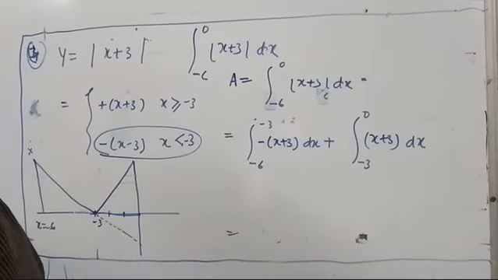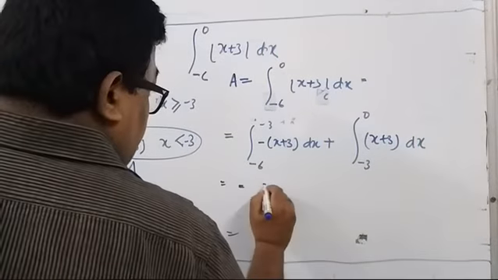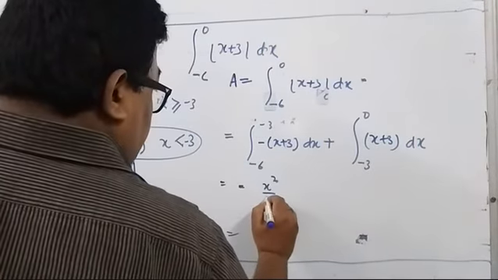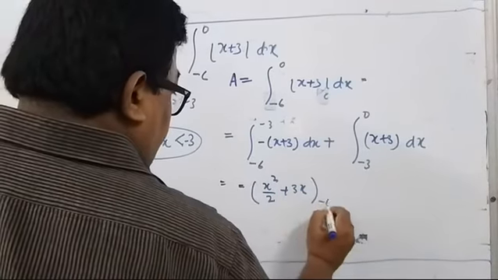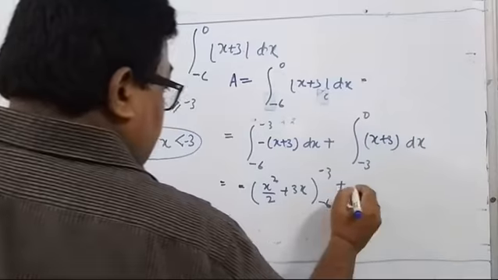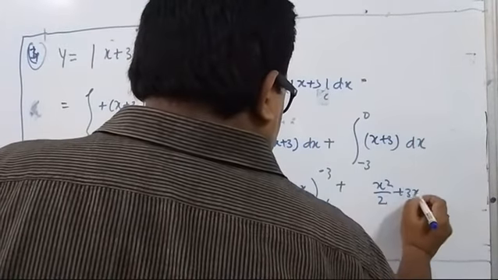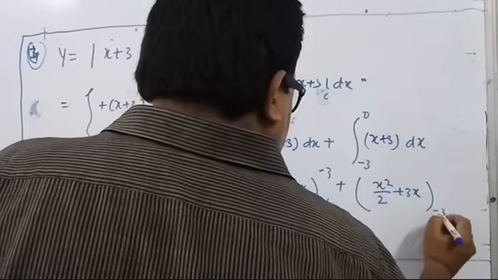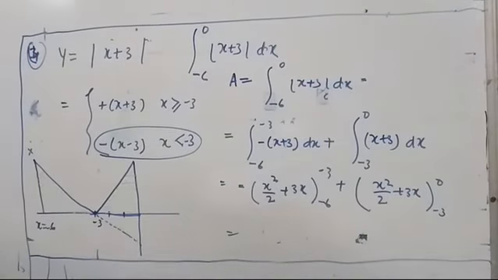Now we will calculate this: x square by 2 plus 3x from minus 6 to minus 3, and x square by 2 plus 3x from minus 3 to 0.